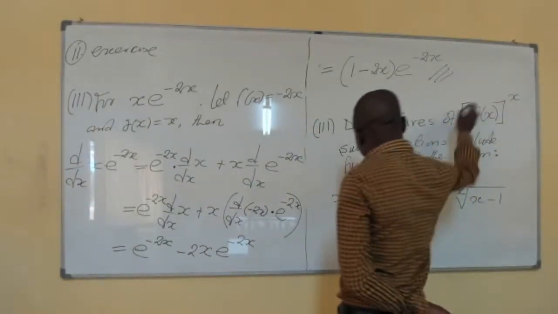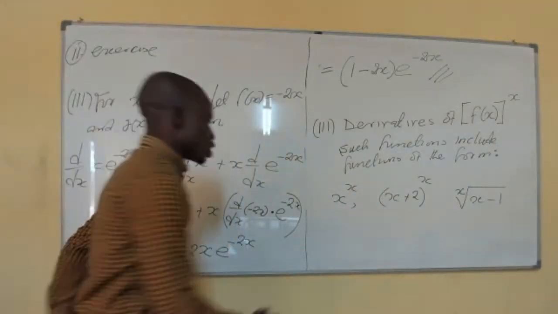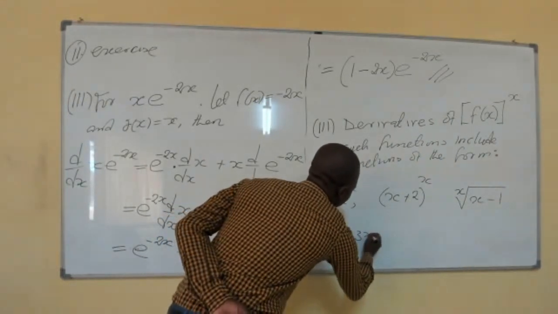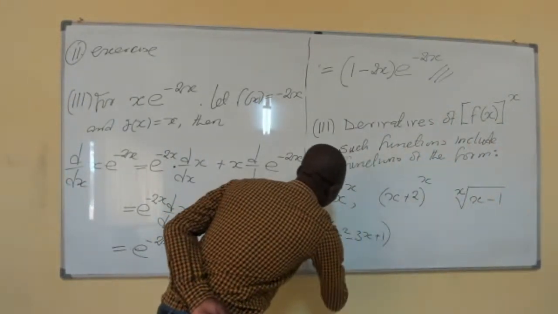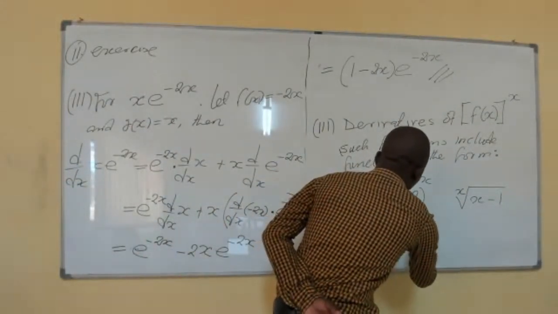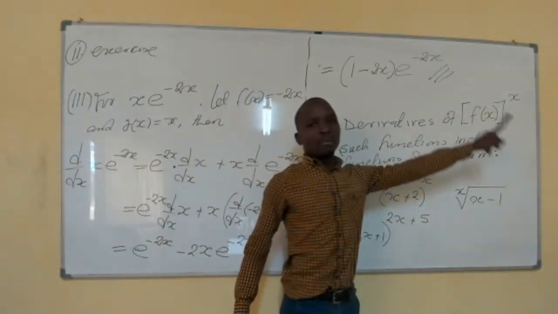It is also in this form, a function of x raised to the power of another function of x. Or you have x squared minus 3x plus 1, everything to the power 2x plus 5. It is also of this form.